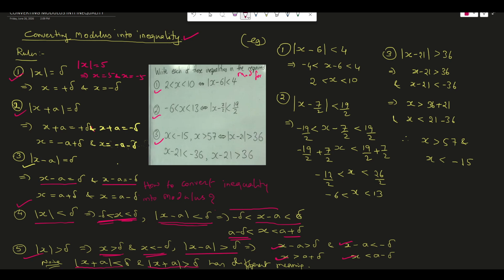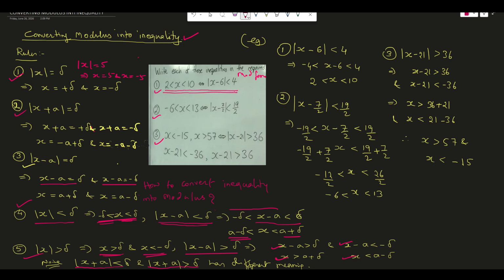Actually, this question is like this: x is less than 10 and x greater than 2, or you can say x is between 2 and 10. This is the inequality given. This inequality is equivalent to modulus of x minus 6 less than 4. This is the statement given here.